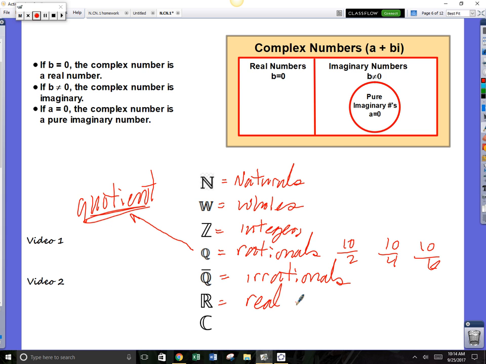Good guess. Real. And then the C. The C is complex. So C is going to be complex.